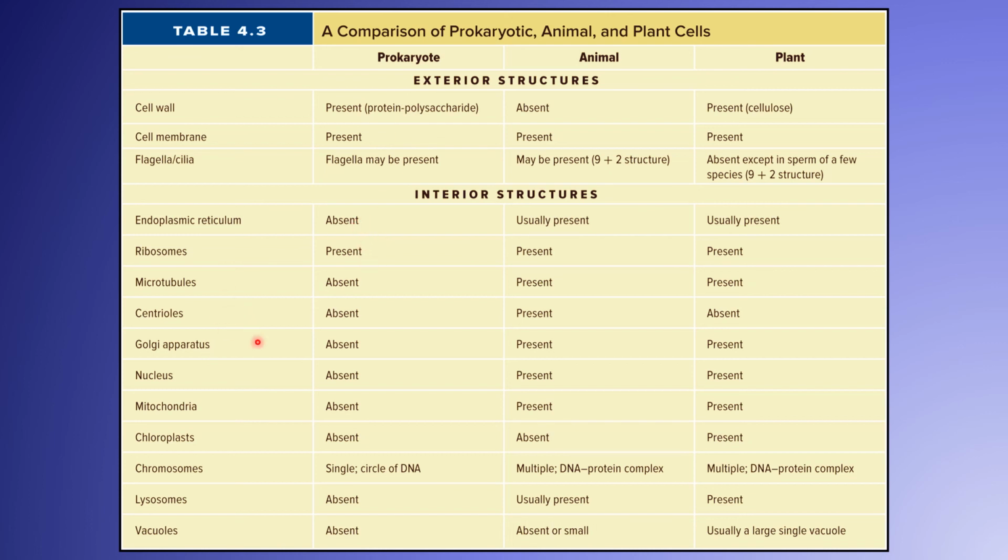You can go down through here. It's just, like I said, a little comparison. Here's mitochondria, absent in prokaryotic cells, present in both animal and plant cells. So that's just a little descriptive chart allowing you to compare prokaryotes like bacteria with plant and animal cells, and then plant and animal cells with each other.